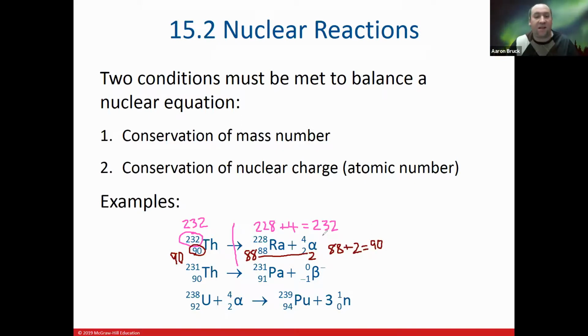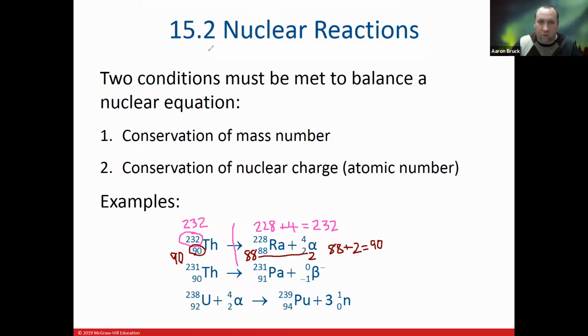And so I can see that in either case, I'm going to have a matchup of masses and charges. Masses have to be equal, charges have to be equal. And if mass and charge are both equal, then I've got a balanced nuclear equation.